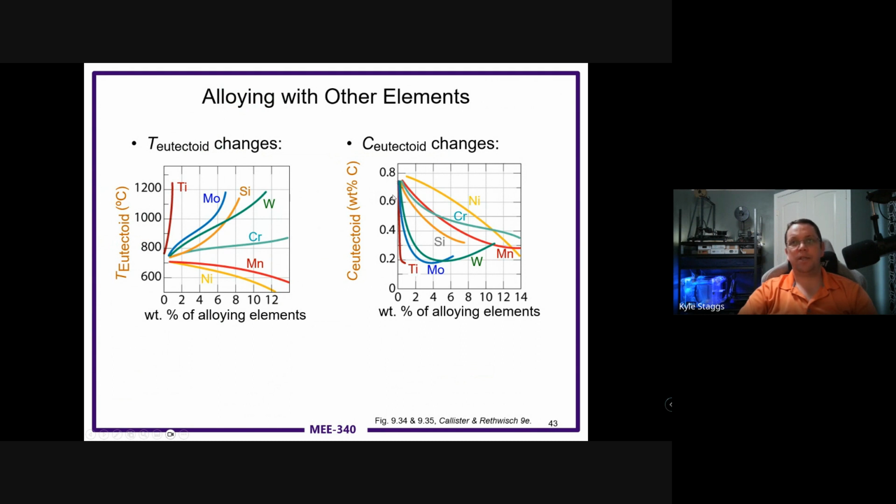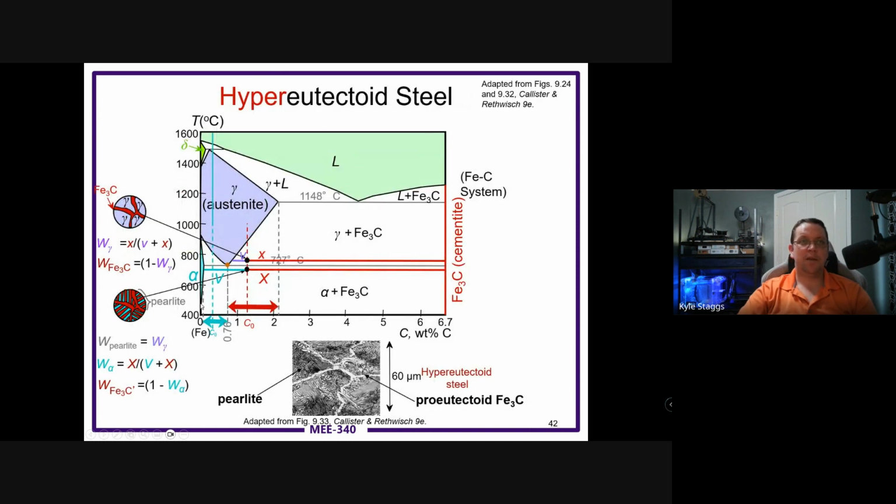So any amount of titanium, and you're basically dropping down to something like 0.2. So you're kicking this eutectoid point over in this phase diagram to maybe, you know, way down here. And so you're changing significantly what the landscape looks like for the phase envelope.